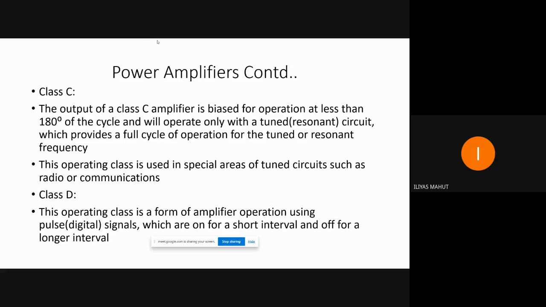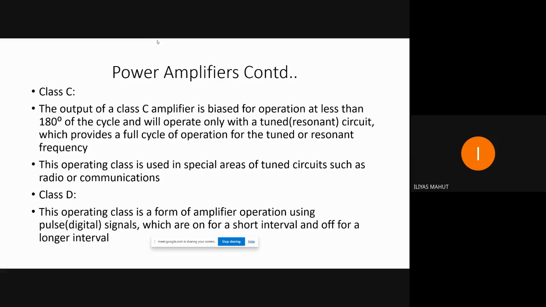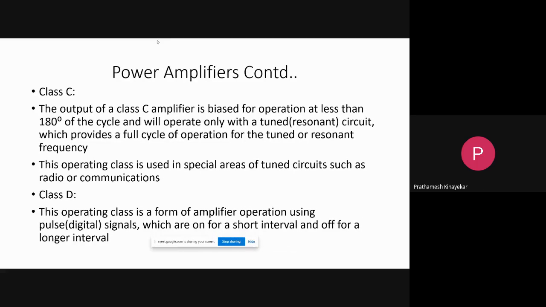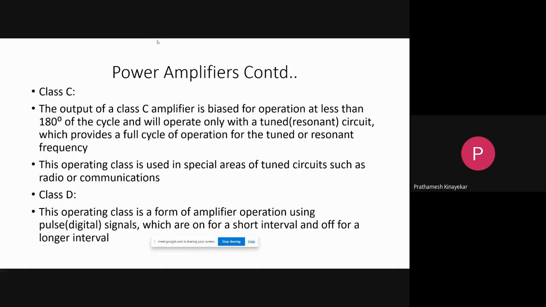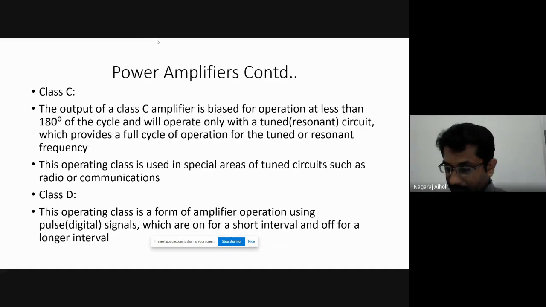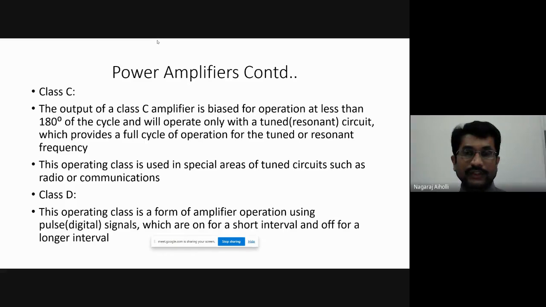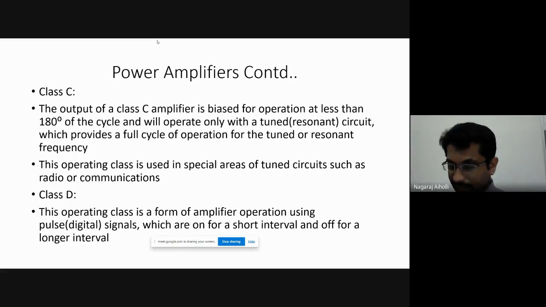Yes, sir. Concepts are clear. Okay. Prathamesh K, following here, power amplifiers? Yes, sir. Okay, good. Sohil Sayed, following this? Yes, sir. These points you all understood, the different points on power amplifiers? Yeah, fine. Okay.